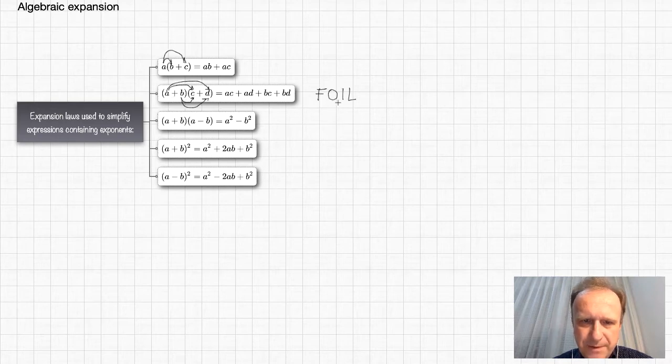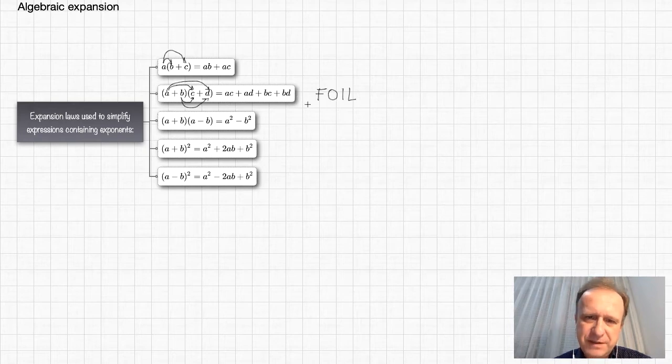O means to multiply outer terms, so A and D. Okay, so it's the second term here. A and D are outer terms in the brackets. I means to multiply inner terms in brackets, so inner means B and C, and L means to multiply last terms in both brackets, so it's BD.